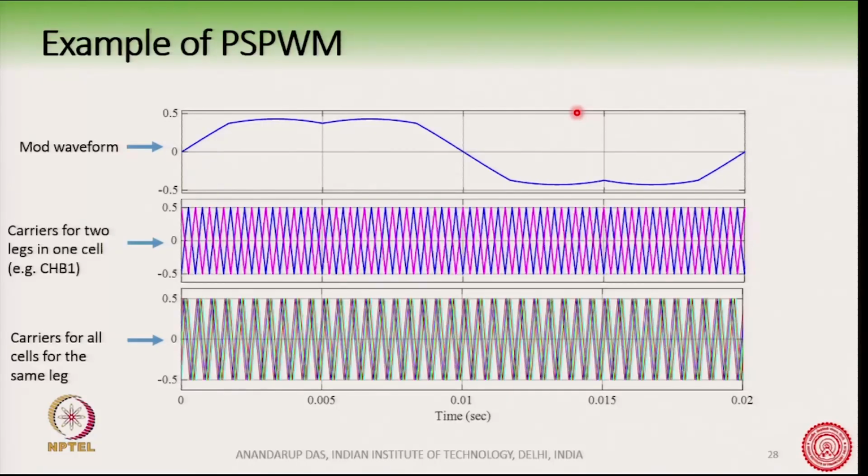So, the waveform has these 2 bulges here, which correspond to the addition of the triplet harmonics, and then this is the carrier for one cell CHB1 and carrier for all the same legs. These 2 waveforms we have seen earlier. Now, I include this waveform to show that the carrier frequency is much higher than the fundamental frequency. Okay.